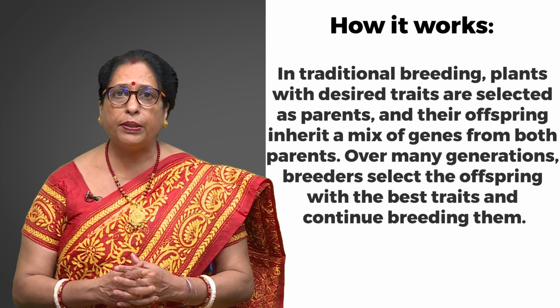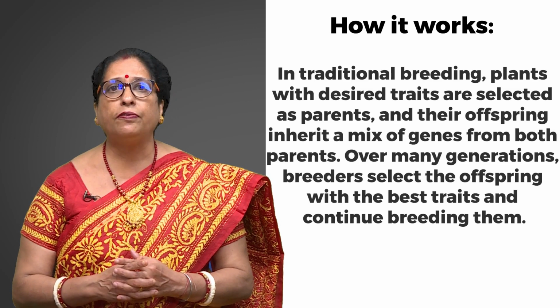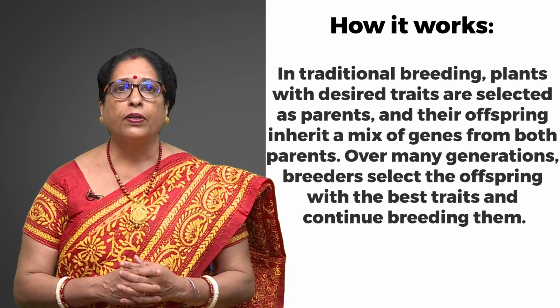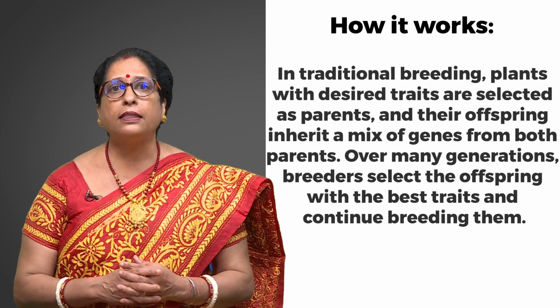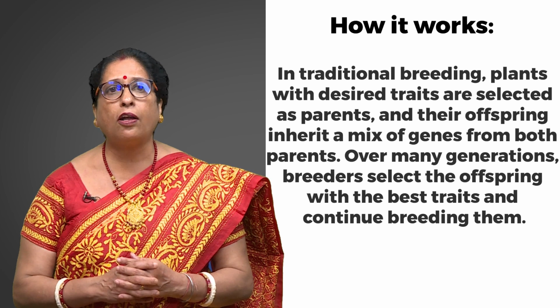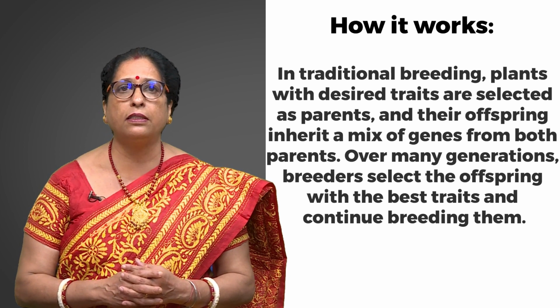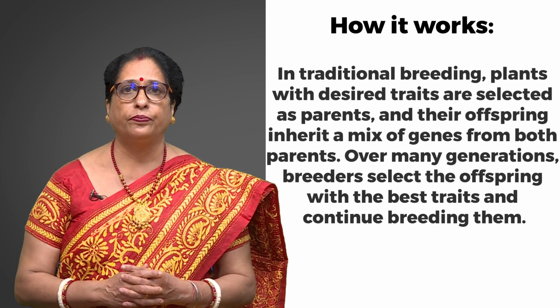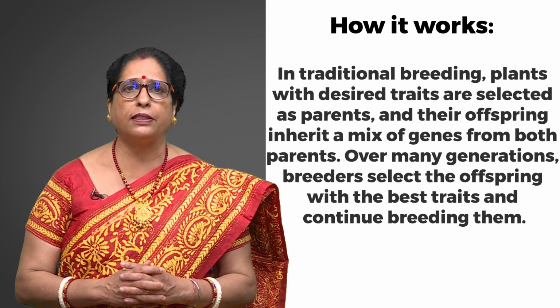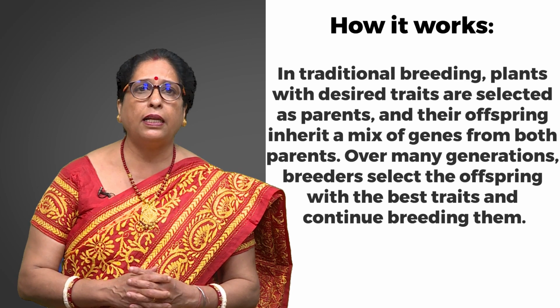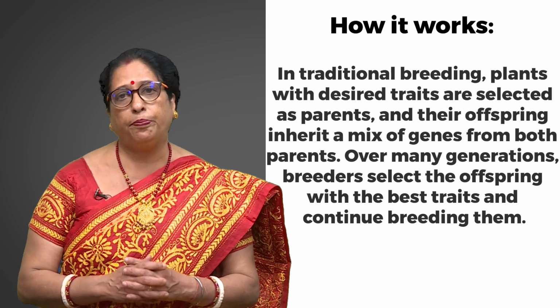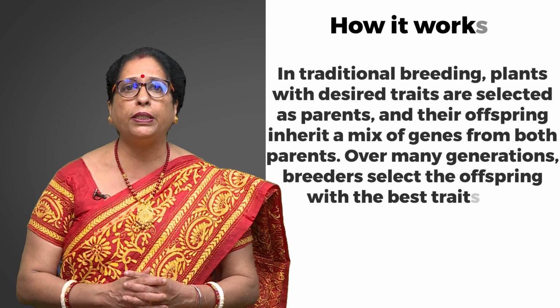In traditional breeding, plants with desired traits are selected as parents and their offspring inherit a mix of genes from both parents. Over many generations, breeders select the offspring with the best traits and continue breeding them.